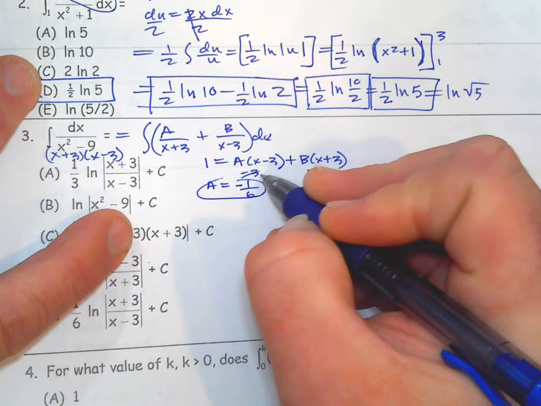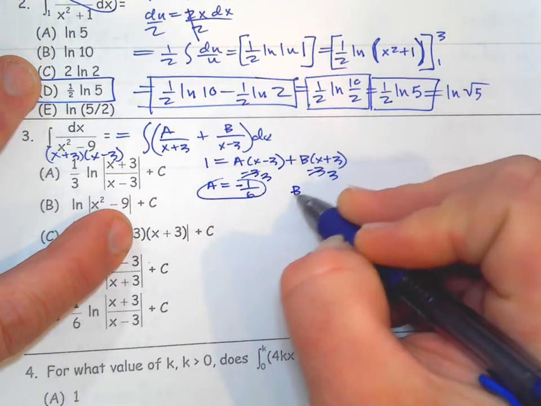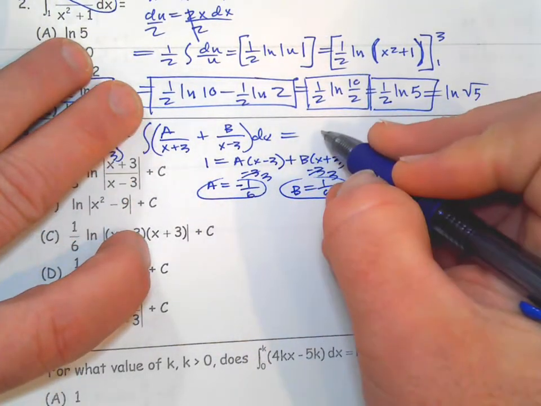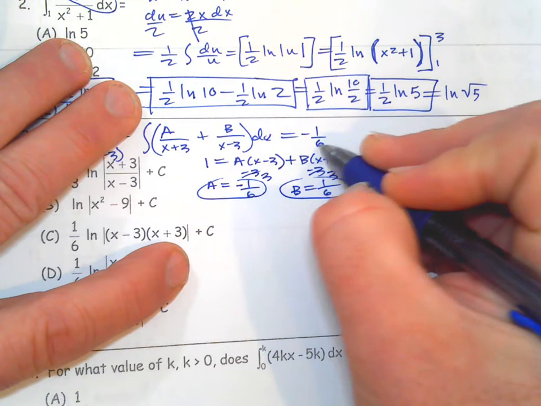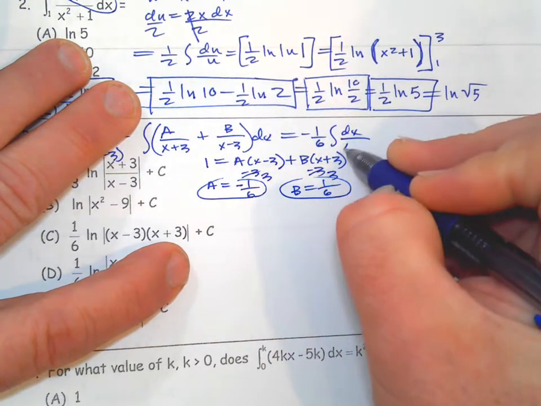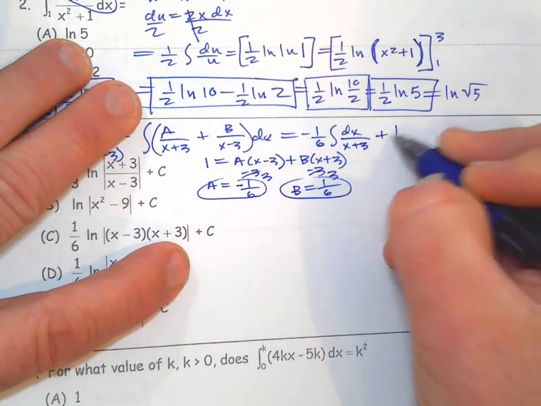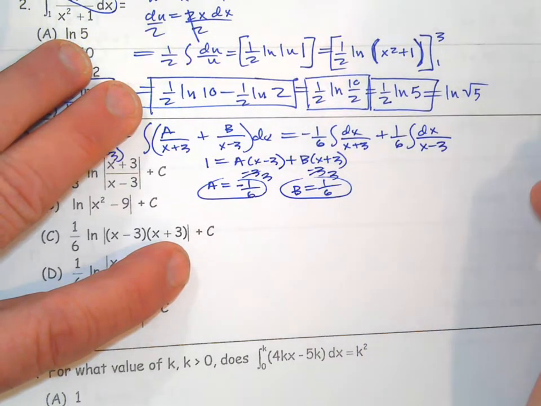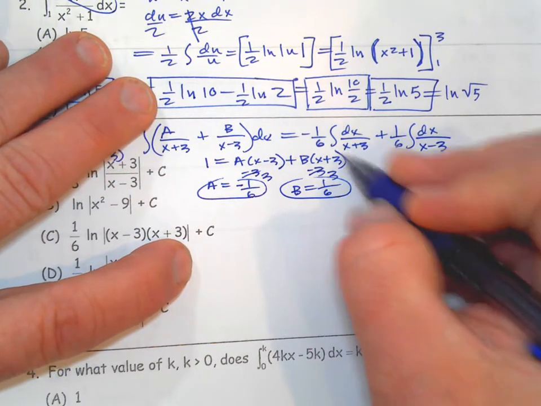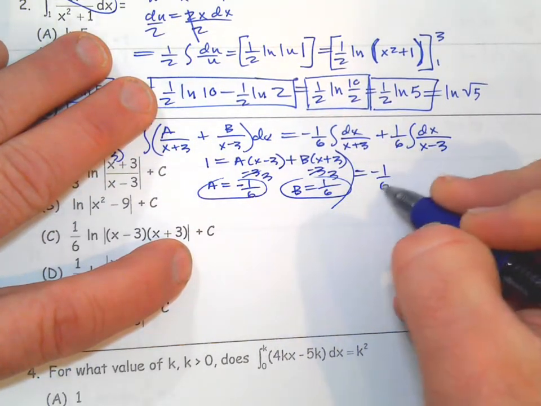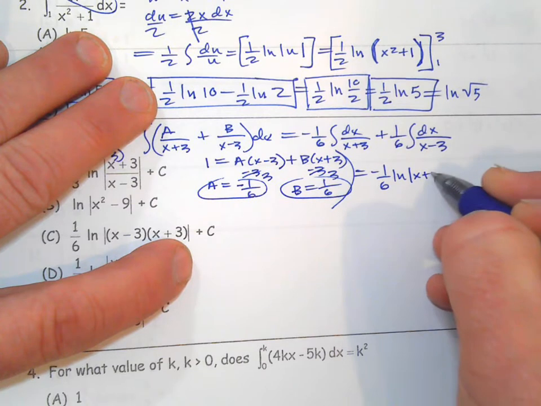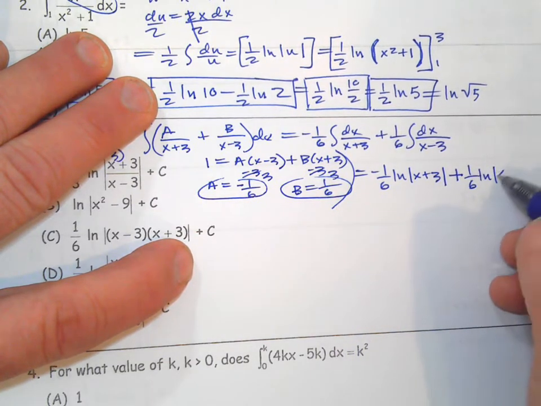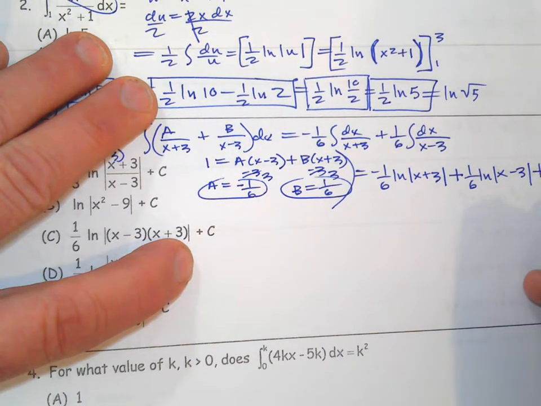Plug a positive 3 in, B equals positive 1/6. So this is going to be negative 1/6 integral of dx over x plus 3 plus 1/6 integral of dx over x minus 3. And that's going to give you negative 1/6 natural log of the absolute value of x plus 3 plus 1/6 natural log of the absolute value of x minus 3 plus C.